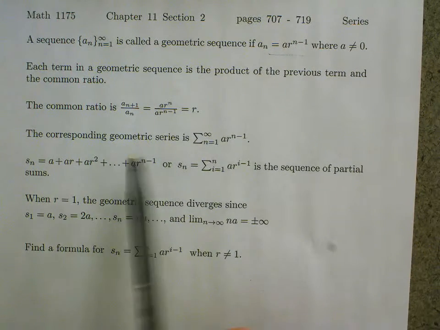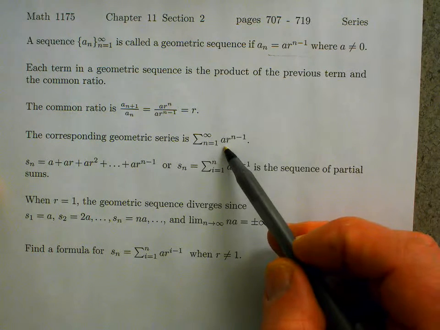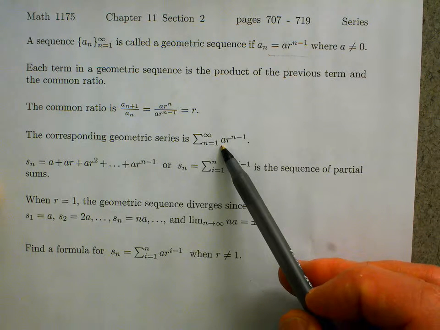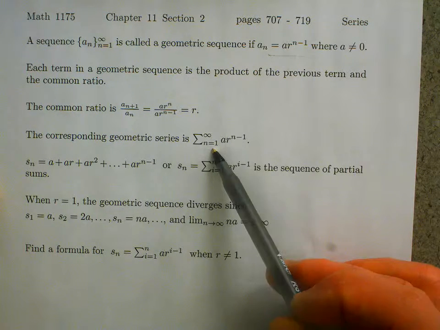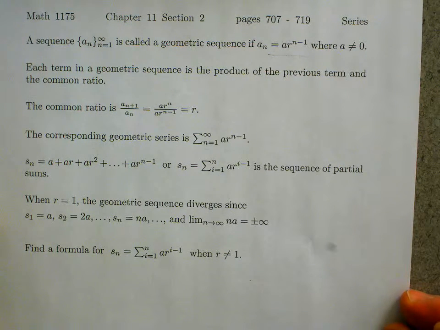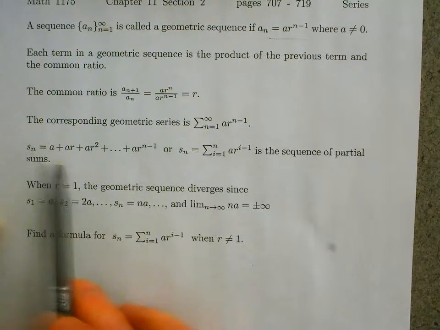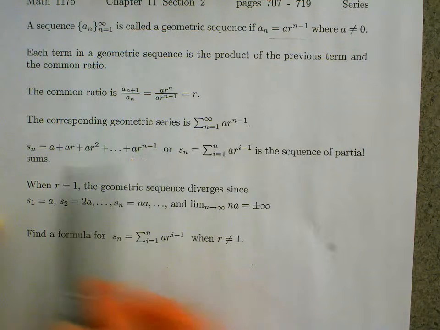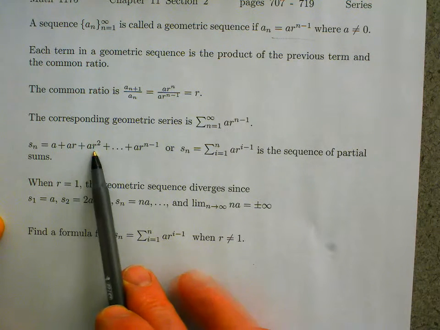The corresponding geometric series, where we just add the terms from the geometric sequence, looks like this. The terms have the form a times r to the n minus 1 as n ranges from 1 to infinity. The sequence of partial sums, S sub n, that's just the sum of the first n terms. So S sub n is a plus a times r plus a times r to the second, and so on.